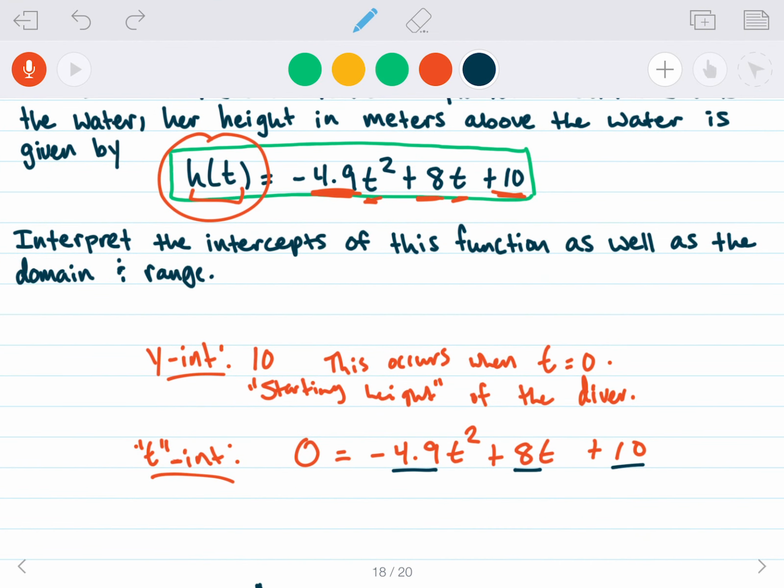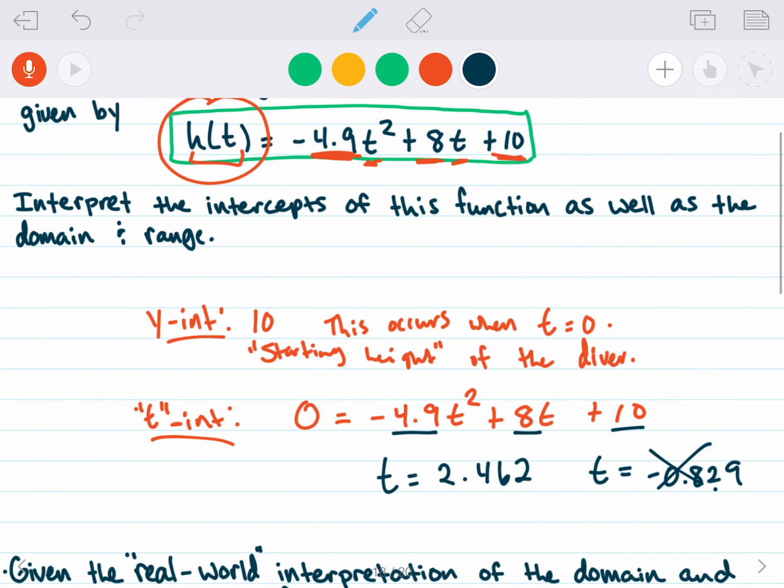Let's write it down here. So we have, and what was the other one? The other one was the weird negative 0.829. So we chuck this out the window. Doesn't make sense. Time can't be negative. This one does make sense though. And what does it mean?